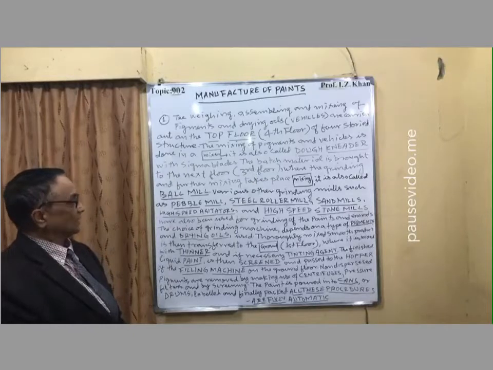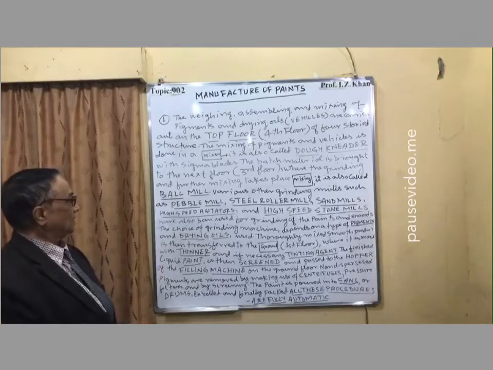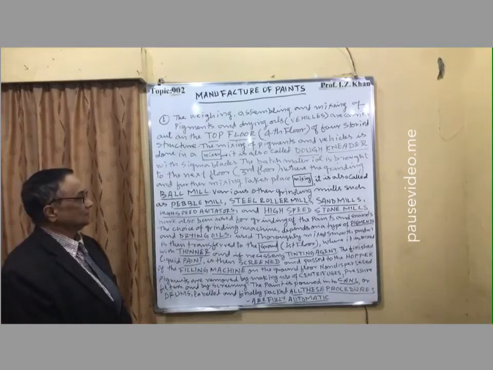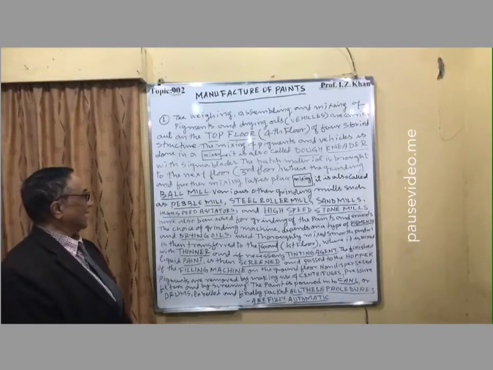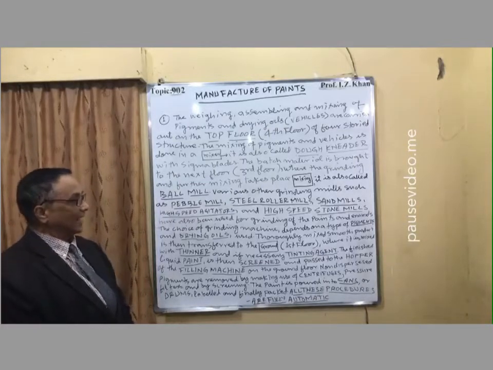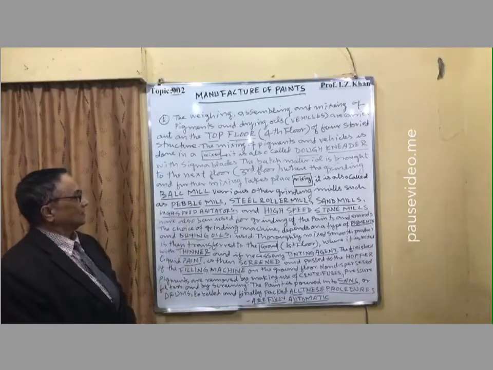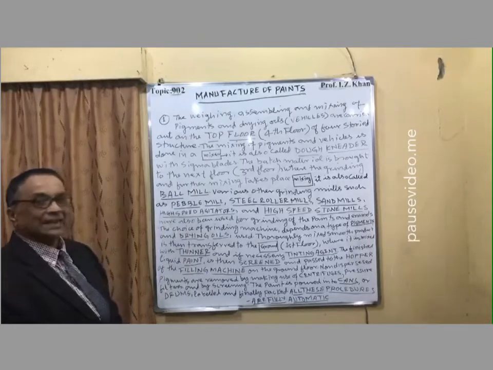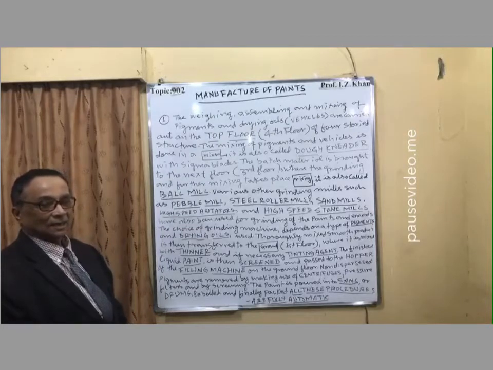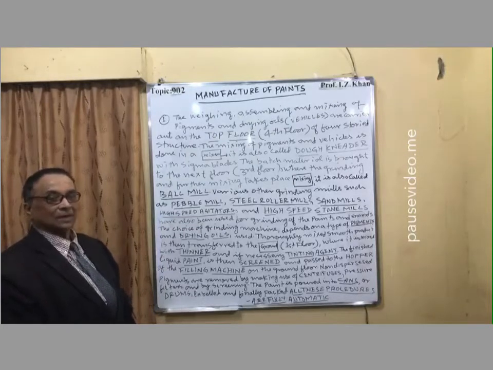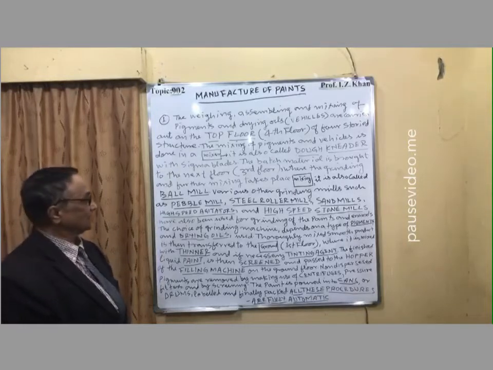The various other grinding mills are such as pebble mill, steel roller mill, sand mills, and high speed agitators and high speed stone mills. So there are different types of grinding mills available in the market, and you have to select according to the chemical constituent of the pigment, what type of grinder is needed.